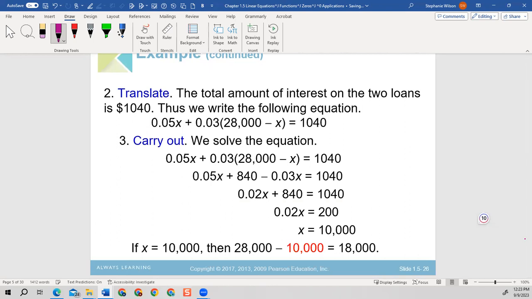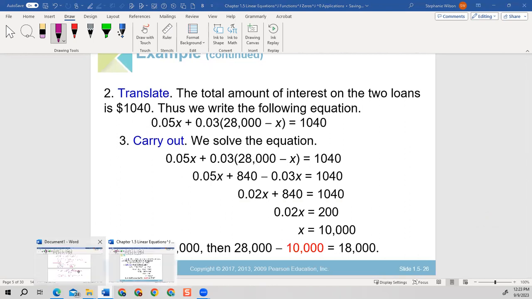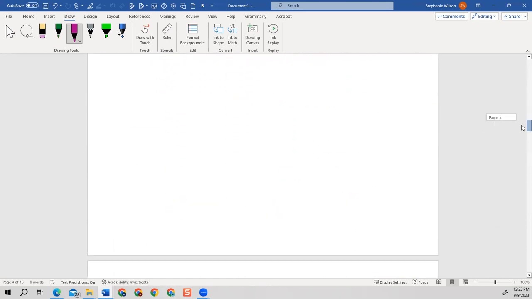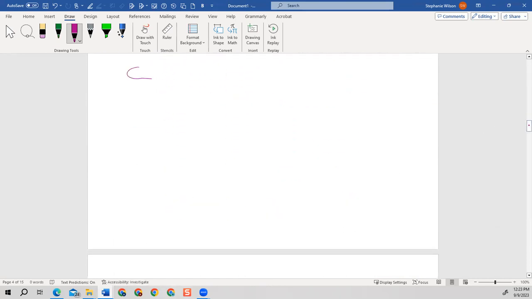It may be easier if I do this on a separate paper. So we got, let me write this down, 0.05x plus the 0.03 times 28,000 minus x equals this. So let's distribute this. Times 28.